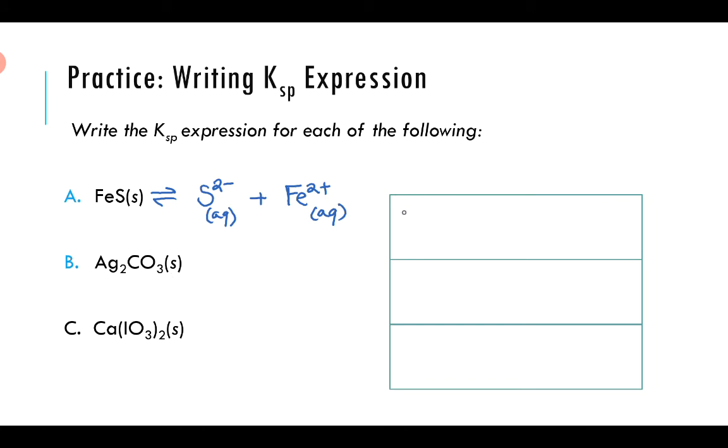And so our K value is going to be our products over our reactants. And so we have 1 iron, and then we have our sulfur ion. And then solids do not appear in the equilibrium expression, so we won't have a denominator.